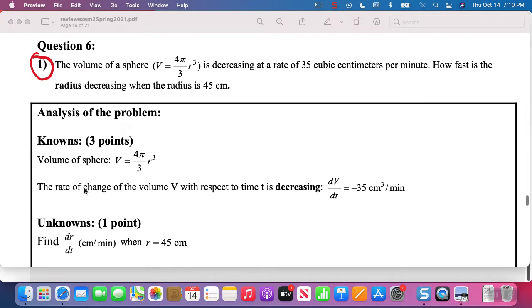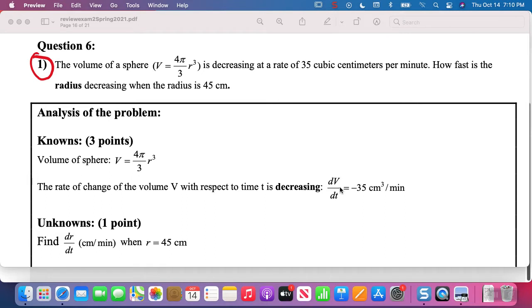We also know the volume is decreasing at 35 cubic centimeters every minute.